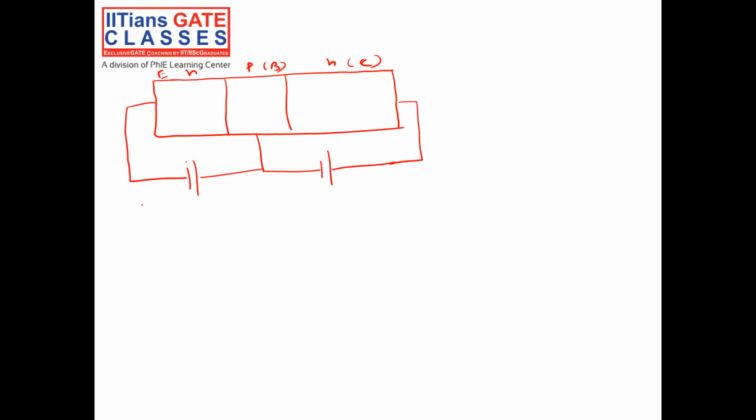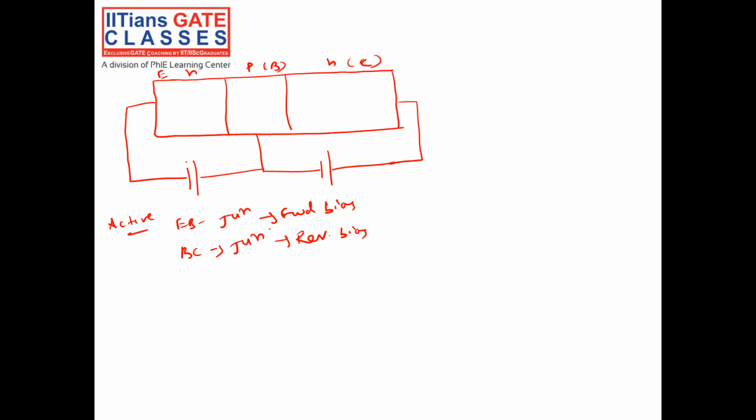In the active region, the emitter base junction VEB is forward bias, and the base collector junction is reverse bias. Then I can say my transistor is in the active region.